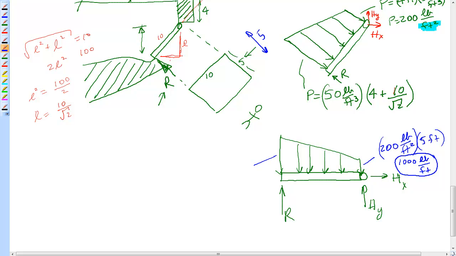Okay, on this end, you could split this apart, and I think I'll do this real quick. If I do this, I get 1,000 pounds per foot plus 10 over square root of 2 times 50 times 5. What I've just done is I've taken this times that, times my running 5 foot here. So now I got to resort to the calculator.